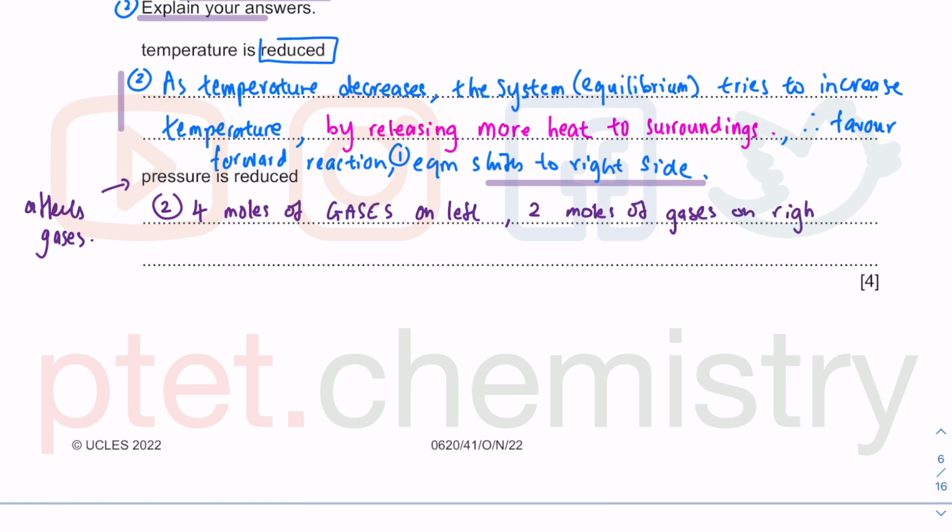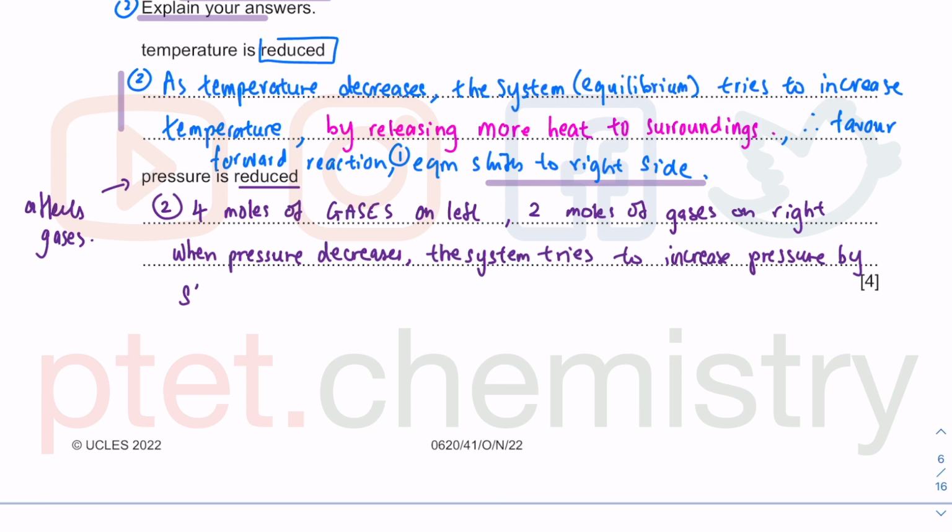So what happens is, when pressure decreases, because they talk about reducing the pressure, what would the equilibrium try to do? The system will try to increase pressure. How do you increase pressure? You want to shift to the side with more gaseous molecules.